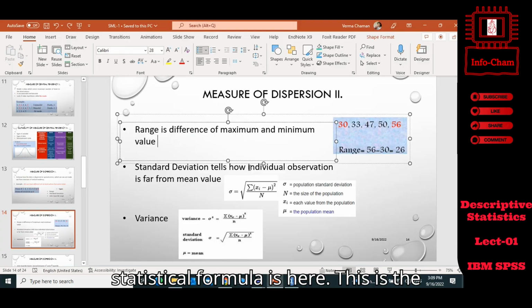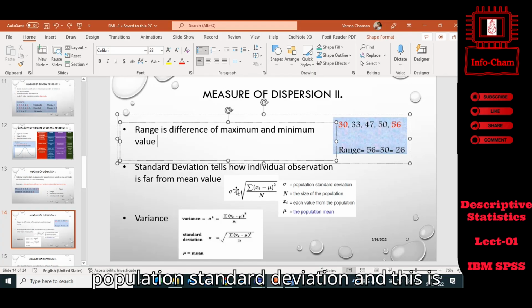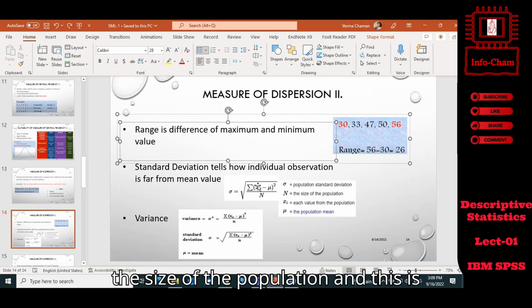The statistical formula is here. This is the symbol of standard deviation, sigma, and this is the mean value, mu, and this is the population standard deviation, and this is the size of the population, and this is the value in a data set. Okay, and if I subtract the mean from this and take the square root, this is the standard deviation. If I take the value here, the square, that is called the variance.